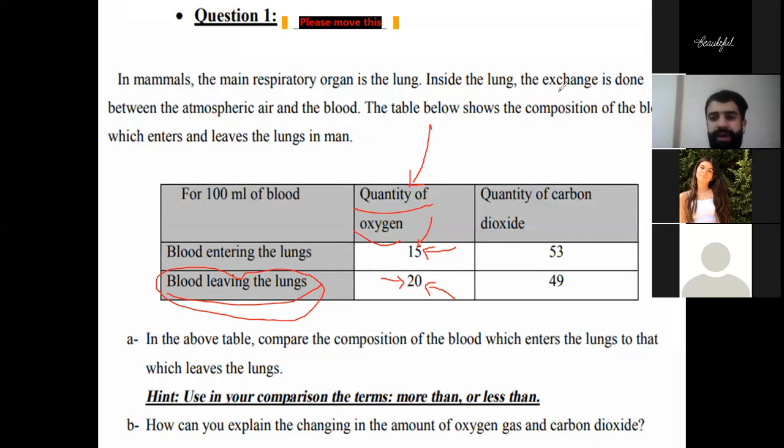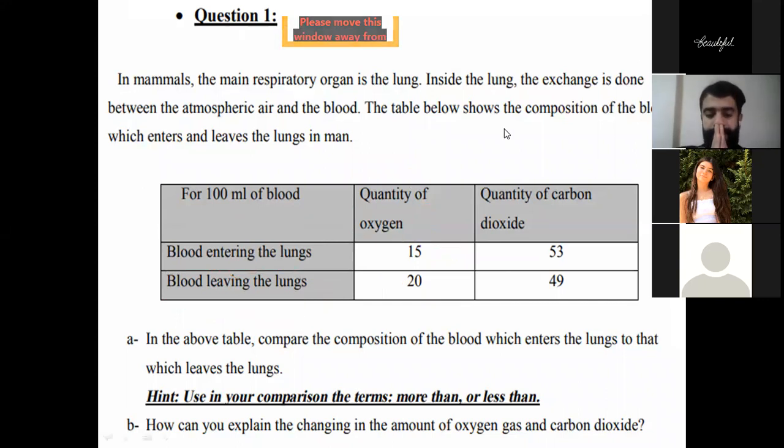Can you do it again by yourself? All of you, please pay attention to Zahra. The quantity of oxygen in the blood entering the lungs was 15 milliliter.